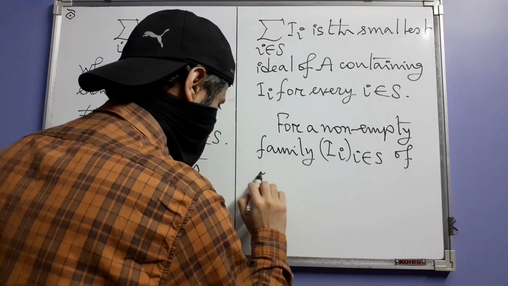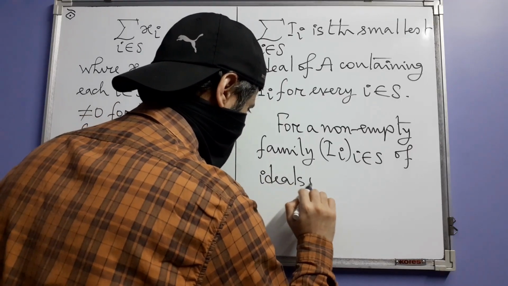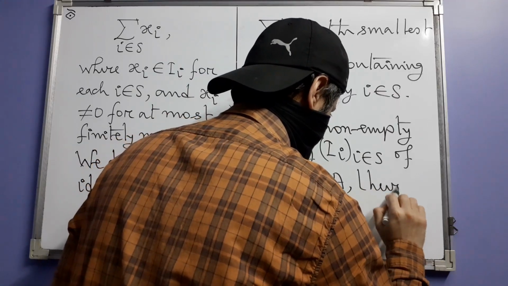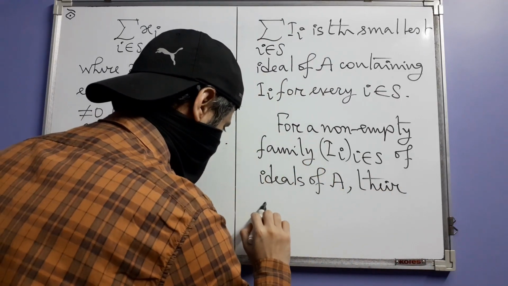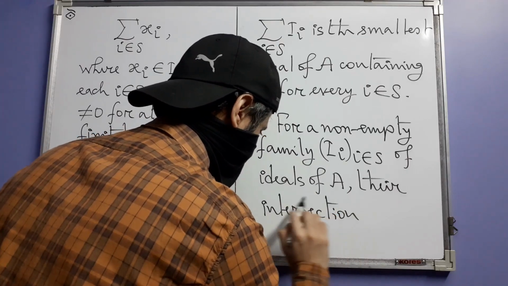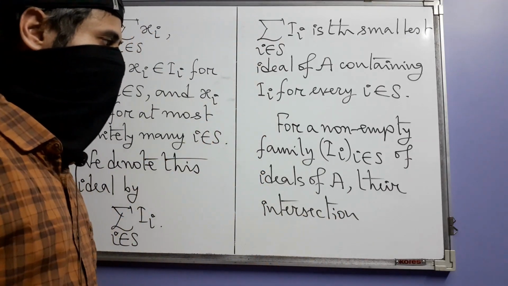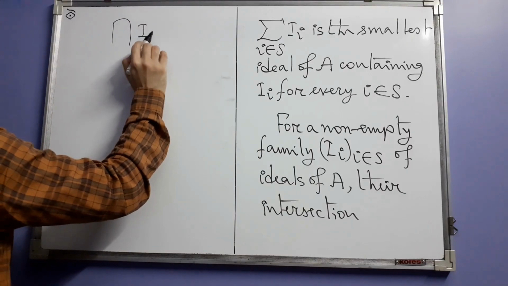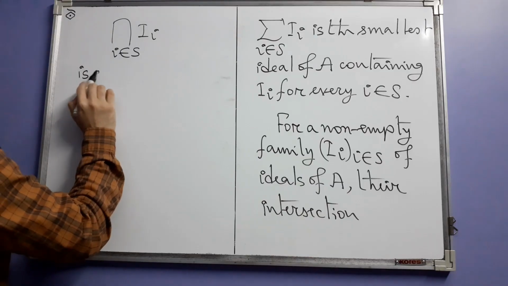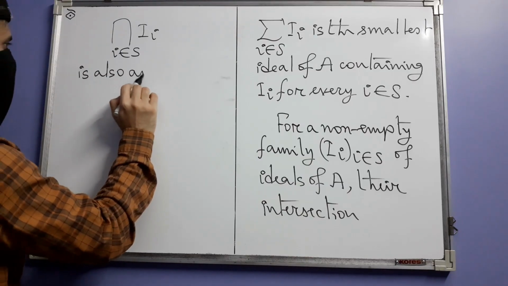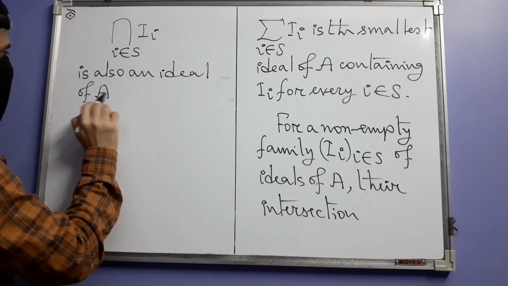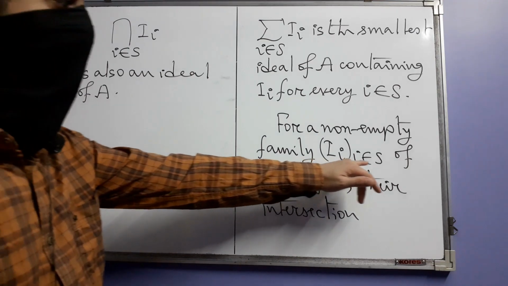Of ideals of A, their intersection is also an ideal of A. We want the family to be non-empty.